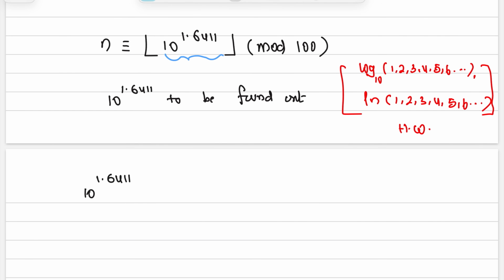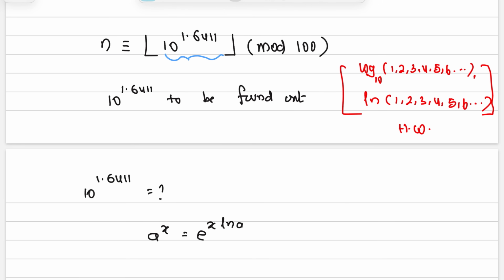For 1.6411 we have to find out its value. We know one principle: a to the power of x is equal to e to the power of x ln a.